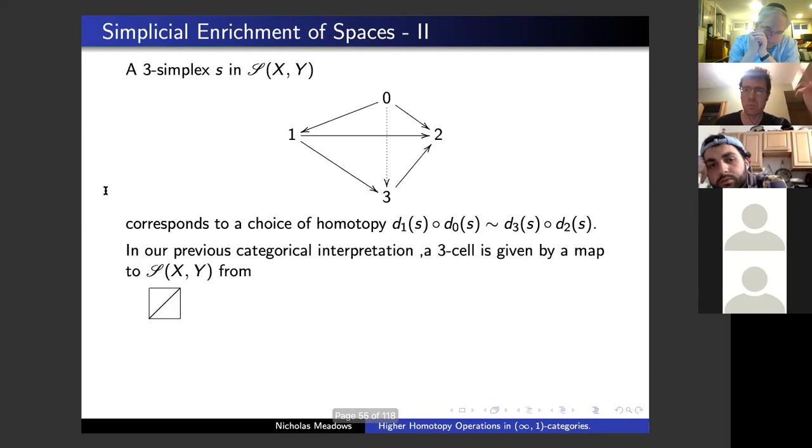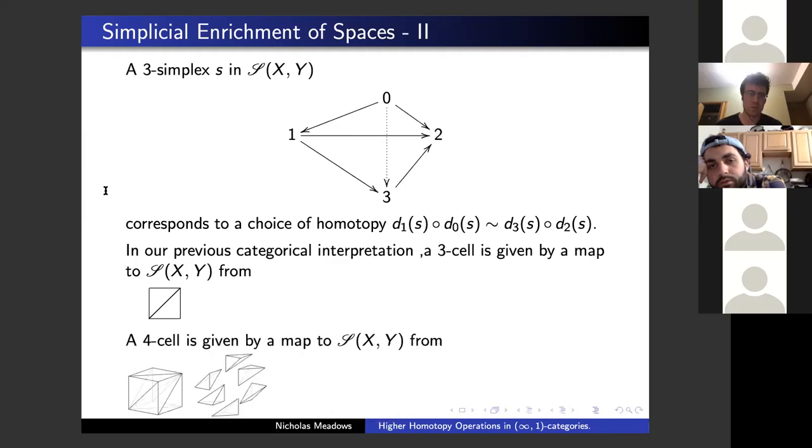Because in our previous categorical interpretation, a 3-cell would have been a homotopy of homotopies, so it would be given by a map from the triangulation of a cube to this simplicial set of morphisms between x and y. And a 4-cell can be given as a map from the triangulation of a cube to this space of maps from x to y.